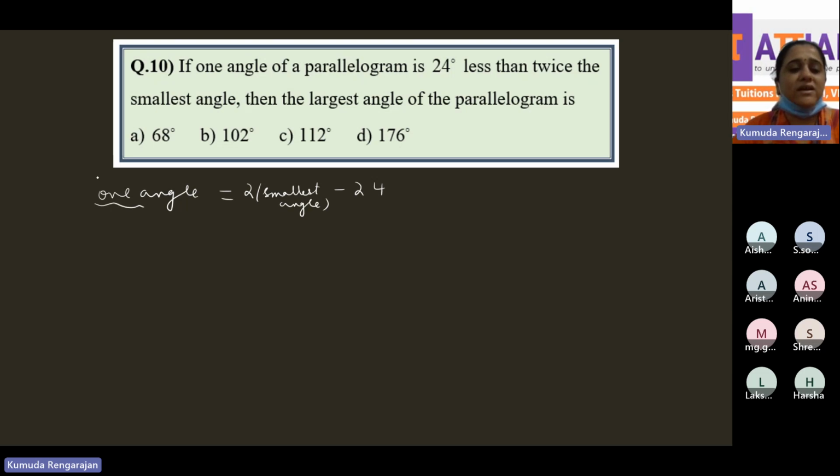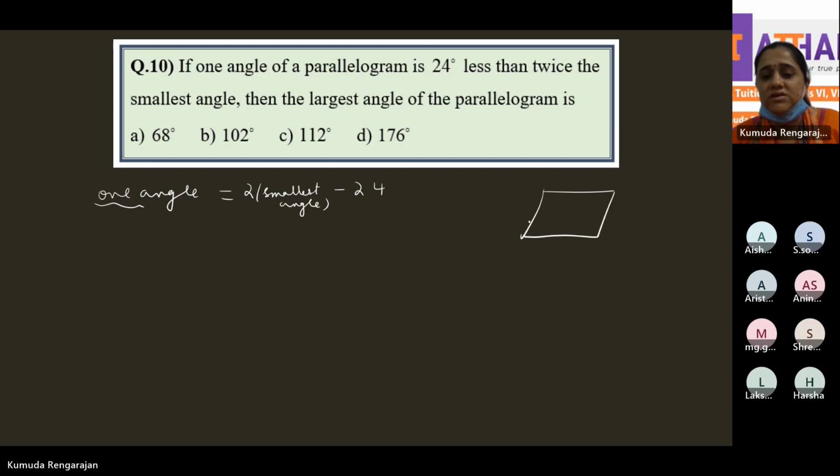That one angle is the largest angle because there are only two types of angles here. If one is the smallest angle, the other one is the largest angle. Because this angle is equal to this angle, they'll have the same value, and this angle is equal to this angle. So there are only two angles there. One is small, the other is big.